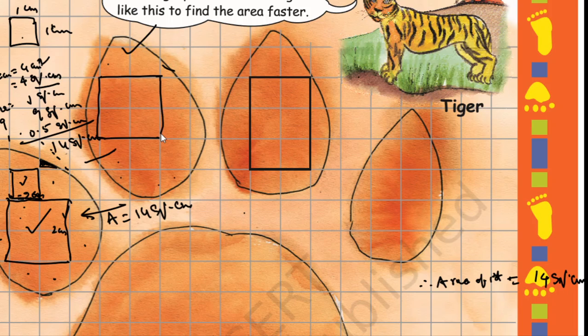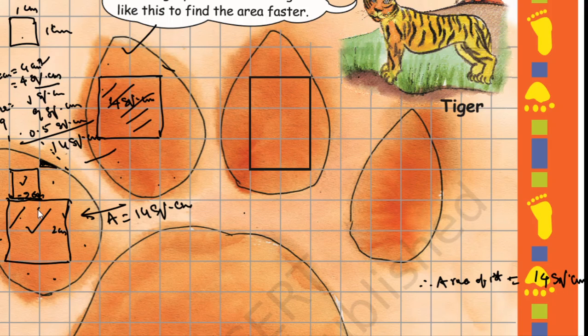What is the area? So here the area of this square is, how many units are there? 1, 2 centimeters. Therefore the area is equal to how much? 2 2s, 4 square centimeters. The area of this one is 4 square centimeters.